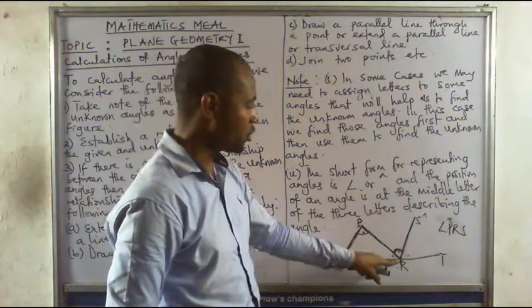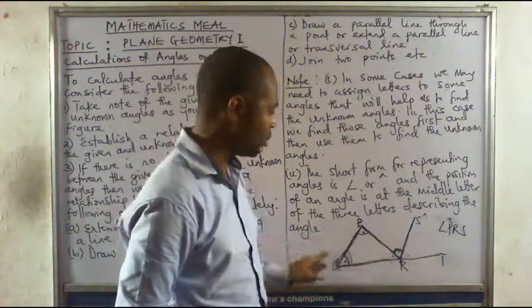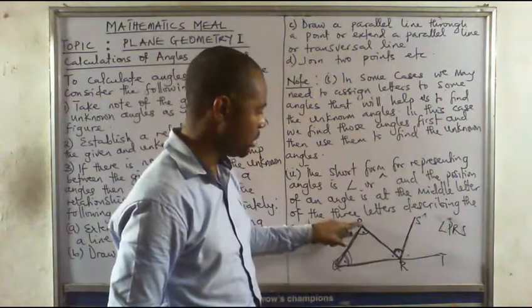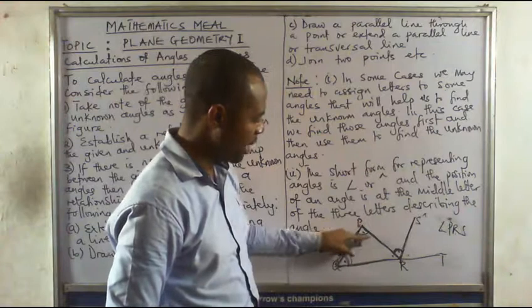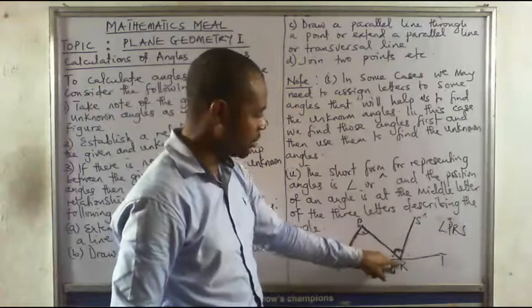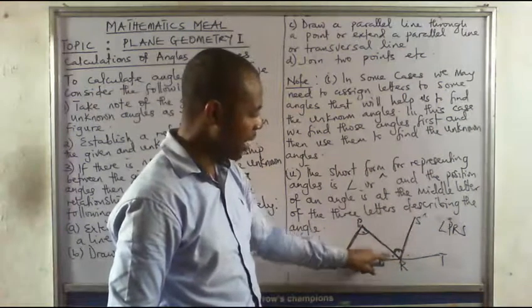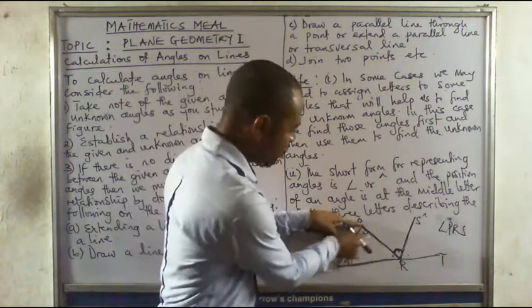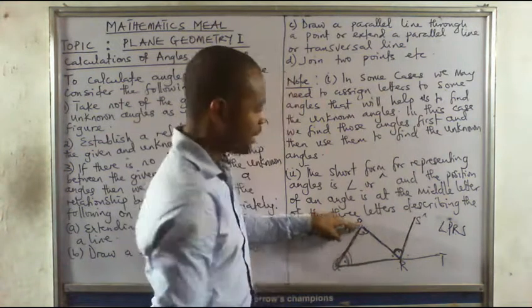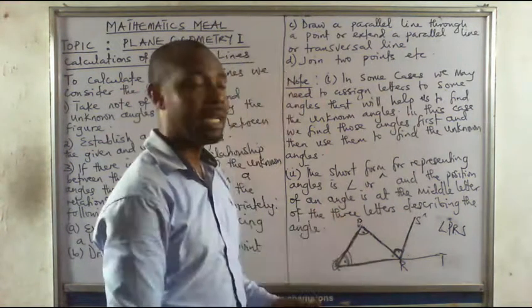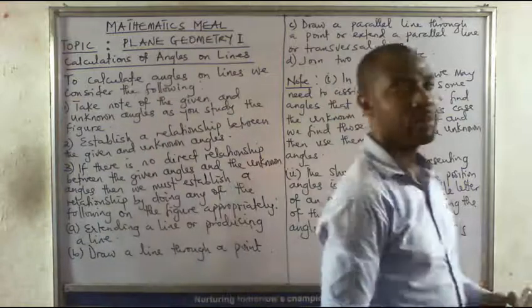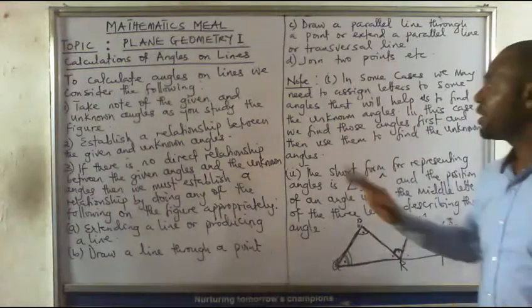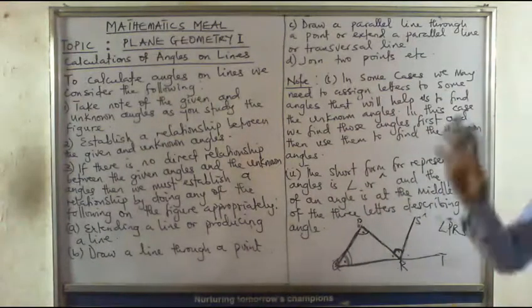So if I want to talk about RPQ, that's how I move. R to P, P to Q. So what's the angle between those two lines? Remember, I drew two lines now. R to P, a line, and then P to Q. So the angle between the two lines that I have drawn, that's the angle of interest. Very important. So these are the basic points that we need to consider.